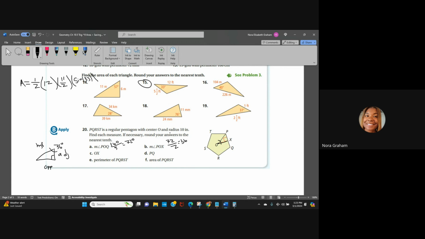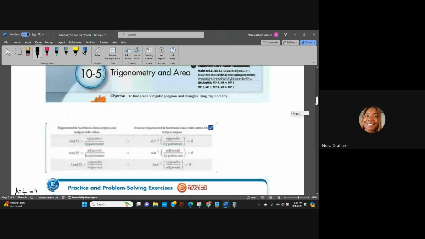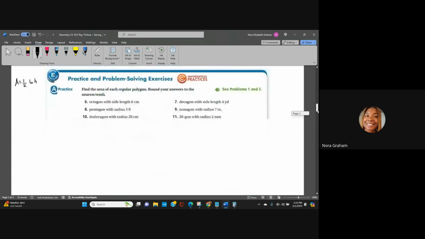All right. And did they give us any side lengths yet? They gave us our radius is 10 right here, so we can use that. Remember, my radius is going to be my hypotenuse. So let's go ahead and find our apothem, which is our adjacent side. I have the hypotenuse, so I want to use something with hypotenuse and adjacent. That's going to be cosine.